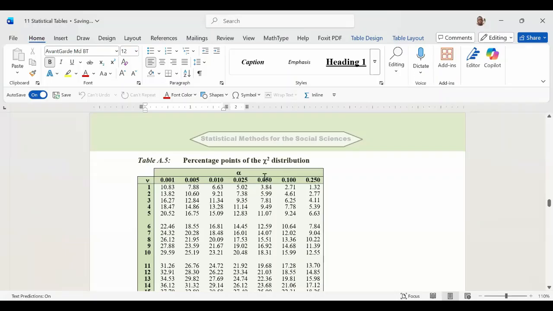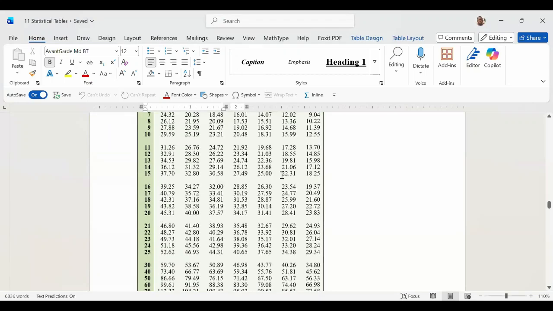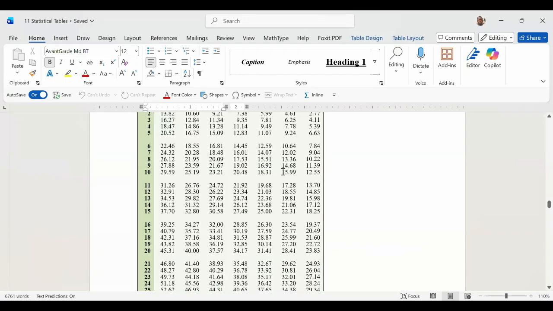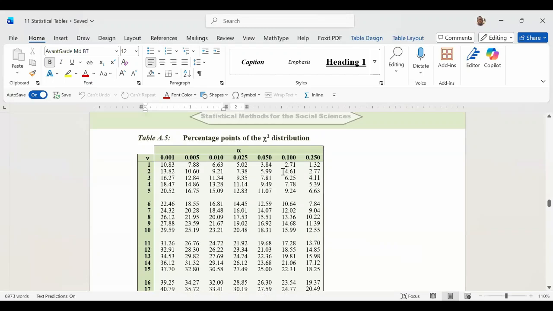Can you see my table? Yes, sir. Okay, so this one is even easier to read compared to the t and the normal distribution.